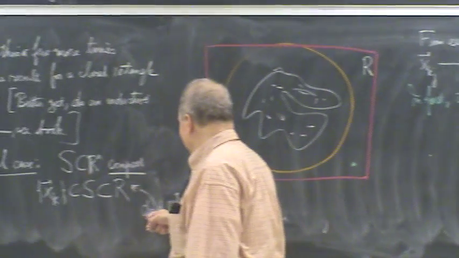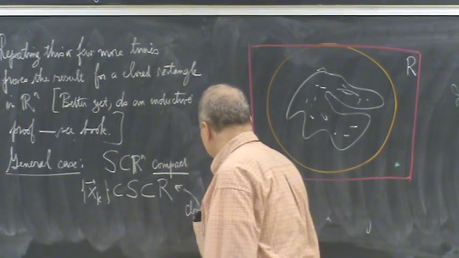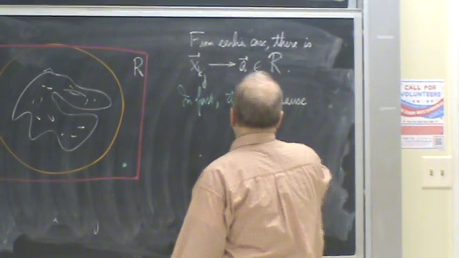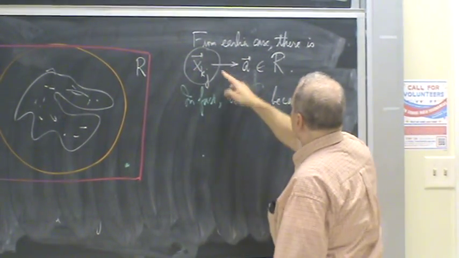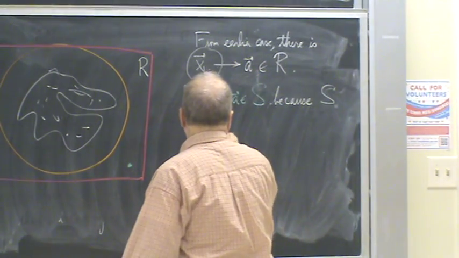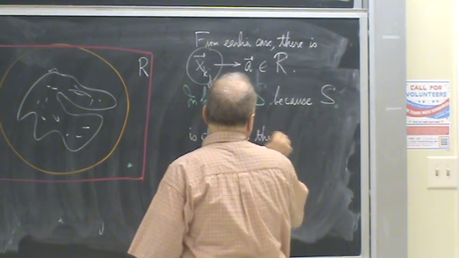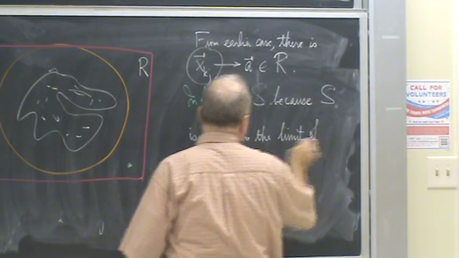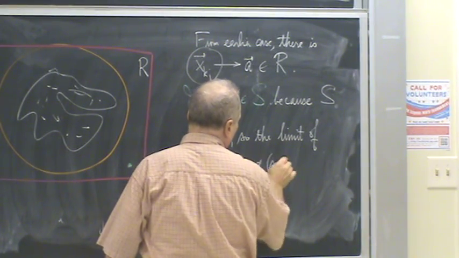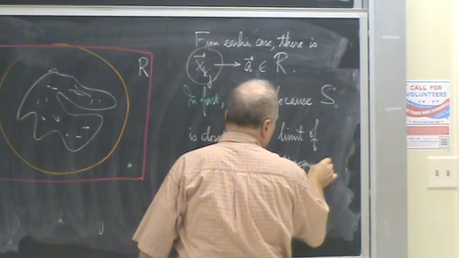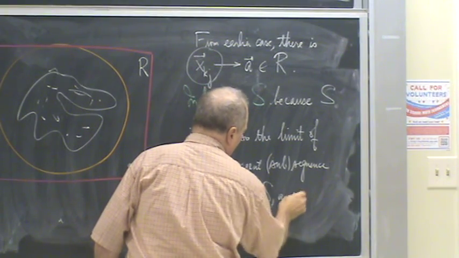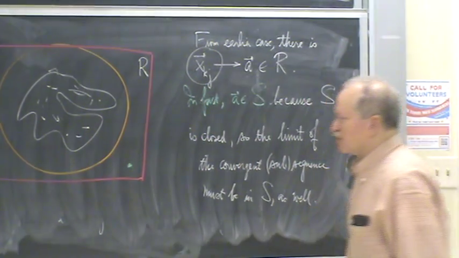They're closed and they're bounded. So we used bounded here. Now we're saying, because you have a sequence of points in S converging to a point, and S is closed, that limit of that convergent sequence must be in S. And that proves the end of the highly useful proposition.